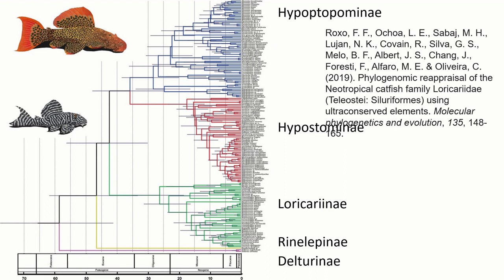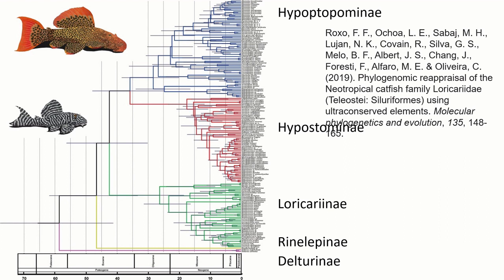To say dinosaurs and exclude birds would be paraphyletic, or polyphyletic actually, because you're only including certain species but not the common ancestor.